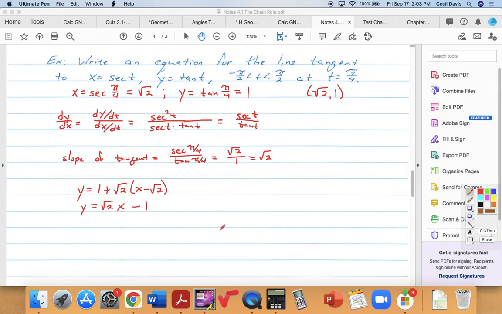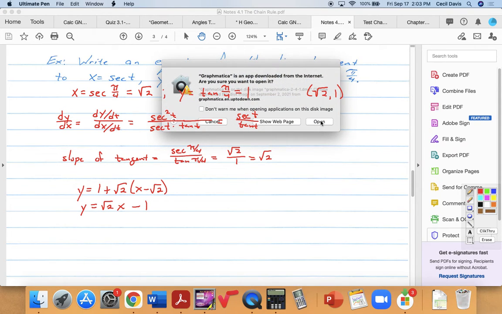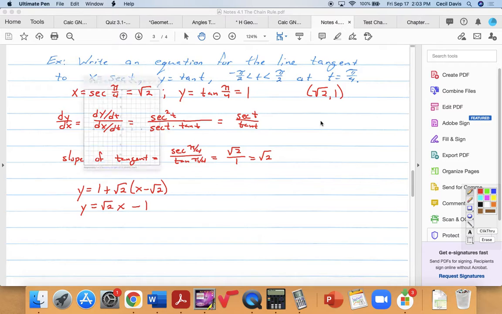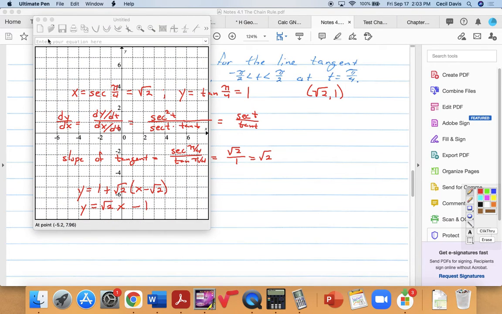Okay, I want to, real quickly, show you what this looks like. It's kind of cool. I'll move it to somewhere where you can see a little better in just a second. I have to remember how to do this every year. So x, was it x is equal to secant t? Yes.